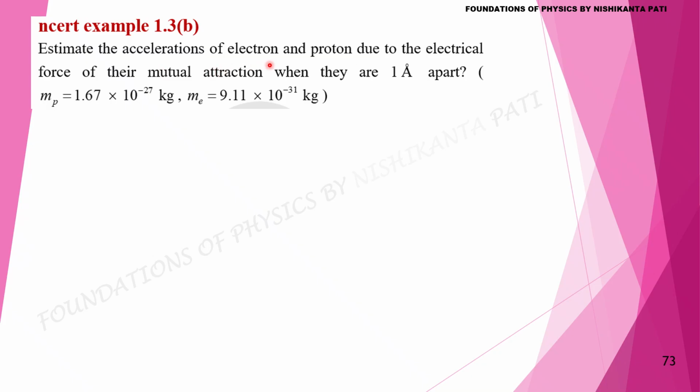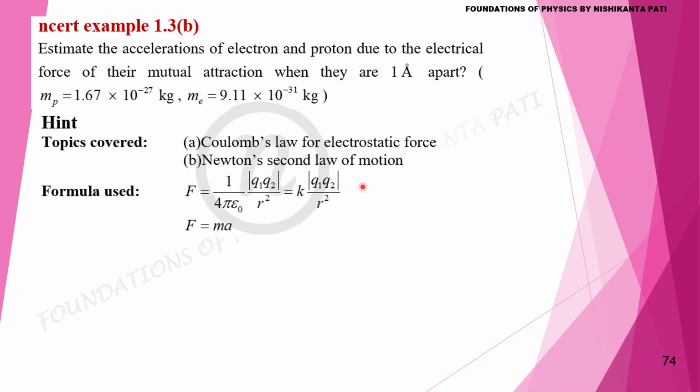Estimate the acceleration of electron and proton due to the electrical force of their mutual attraction when they are 1 angstrom apart. Proton mass is given, electron mass is given. This is the magnitude of electrostatic force between 2 point charges, and Newton's second law says force is equal to mass into acceleration.